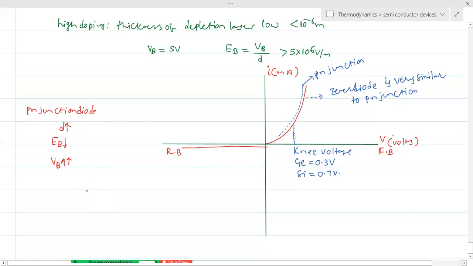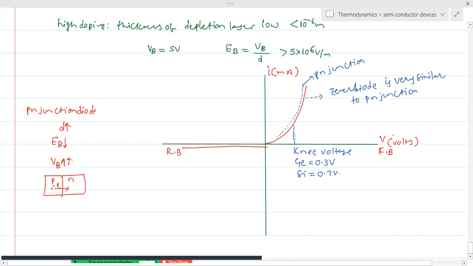Whenever we see the reverse bias, we know that it will motivate the minority charge carriers. When we think of a PN junction diode, this is P and this is N, and the minority charge carriers are electrons. The reverse bias motivates the minority charge carriers, and they pass through the barrier.